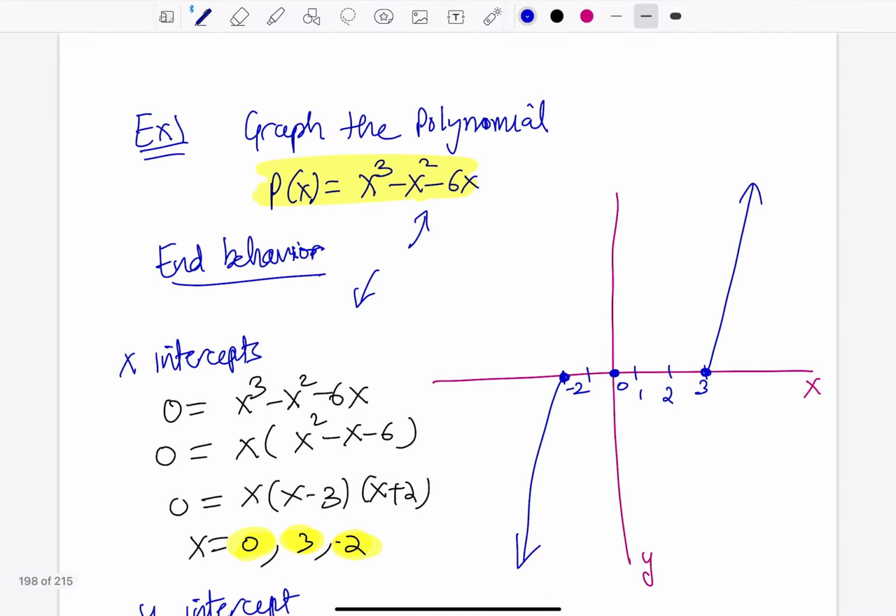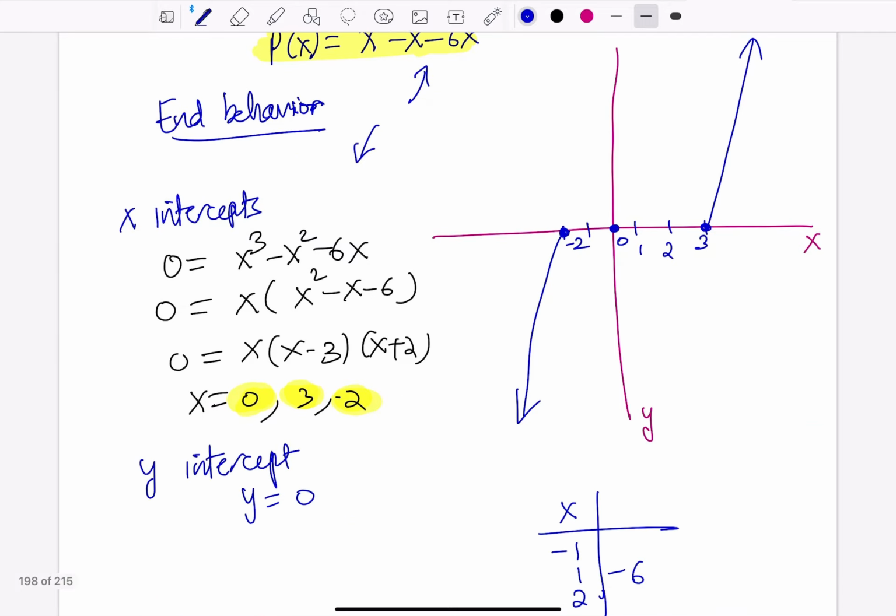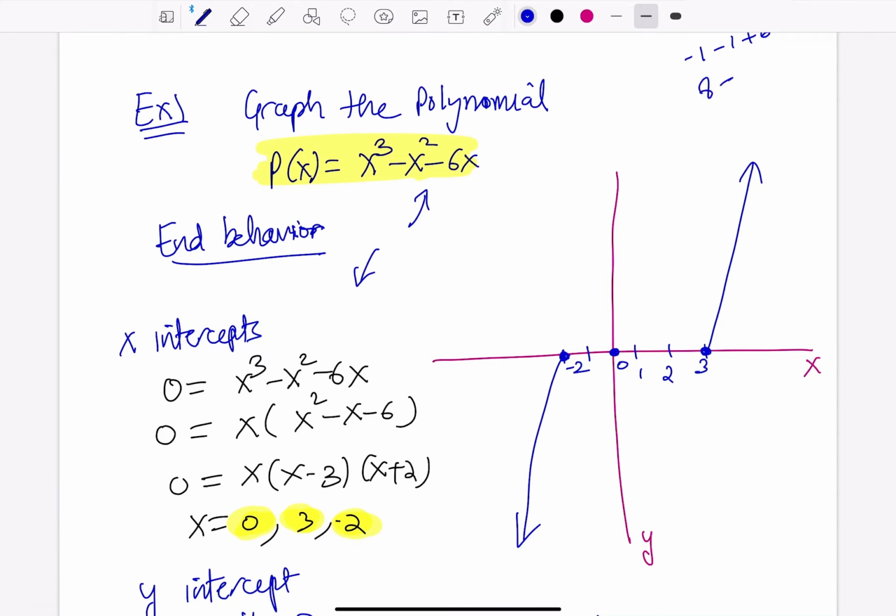When x is negative 1, so plug it in, negative 1 minus 1 plus 6. That would be 4. When x is 2, 8 minus 4 minus 12. Negative 8.